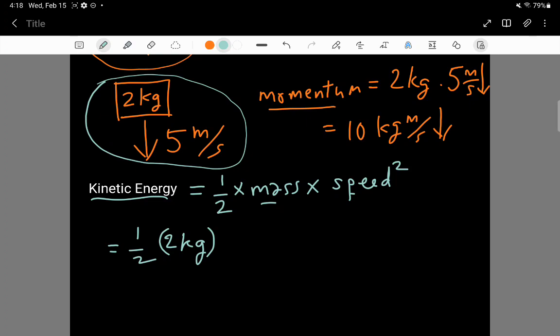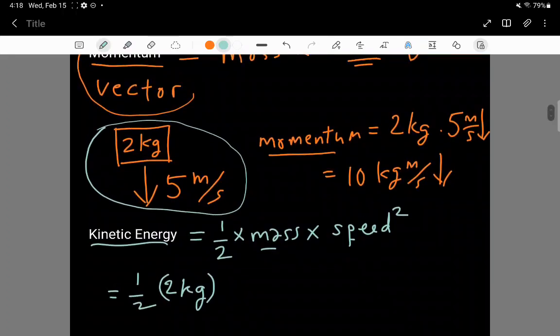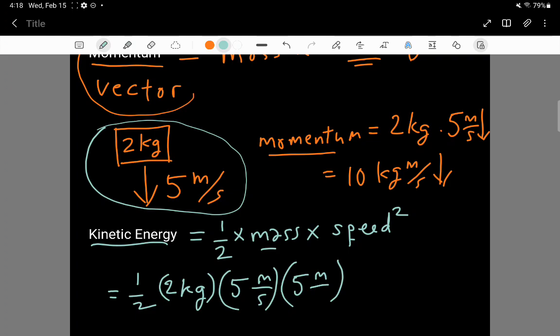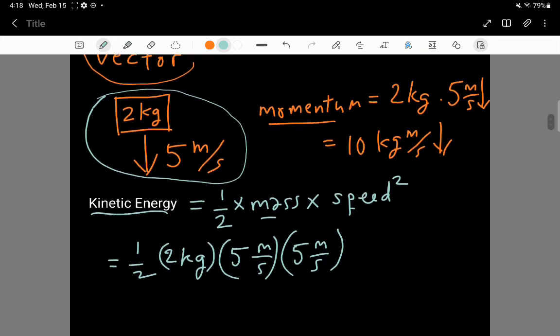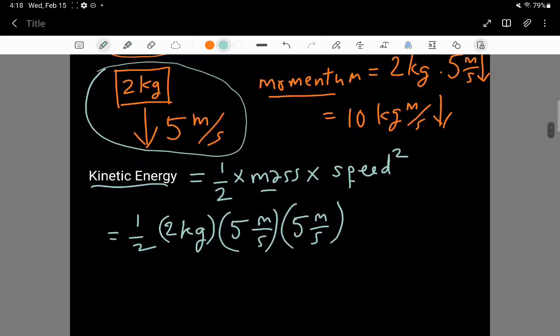So the speed and the velocity, they're related. If you remember, the speed is just how fast, and you ignore the direction. So the speed is 5 meters per second, and we have to square it. Squaring it means you just multiply by all of the details of the speed, including the units. You multiply it by itself twice. And when you calculate this, 1/2 of 2 is 1.